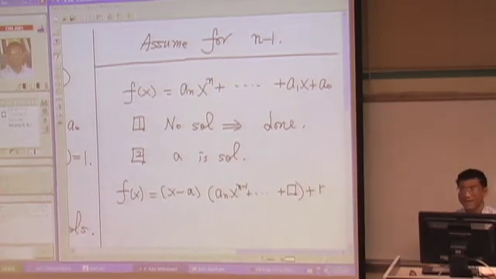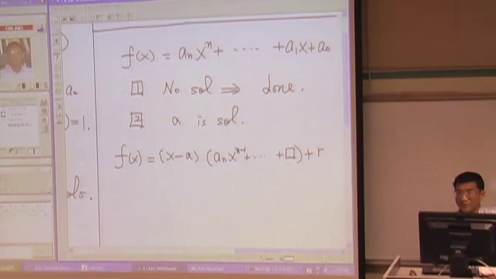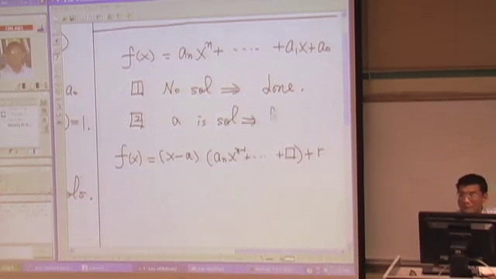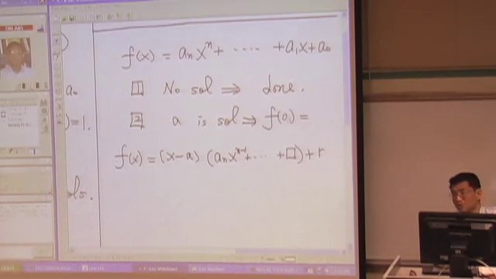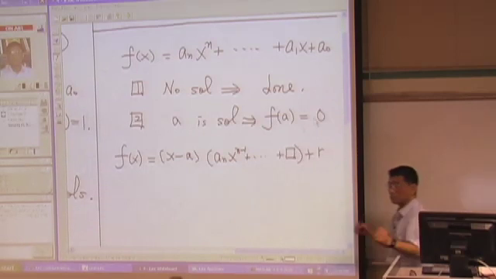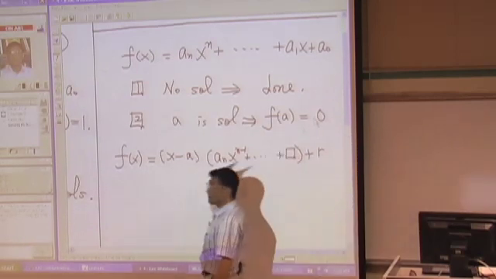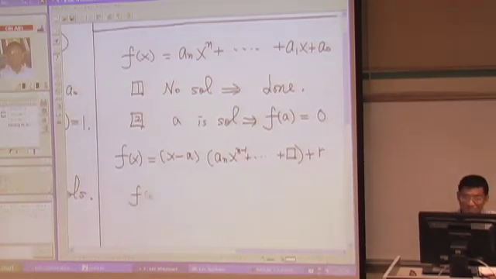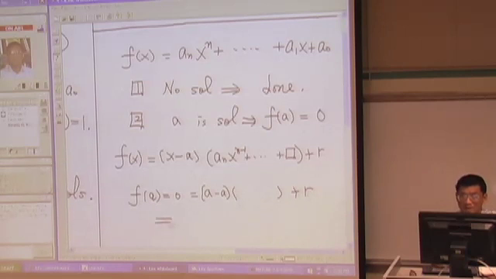Because A is a solution to F, F of A is what? 0, right? If it's a solution to F, then F of A is 0. If I plug in A, then A minus A, and then these things, plus R. Because of this, R is 0.